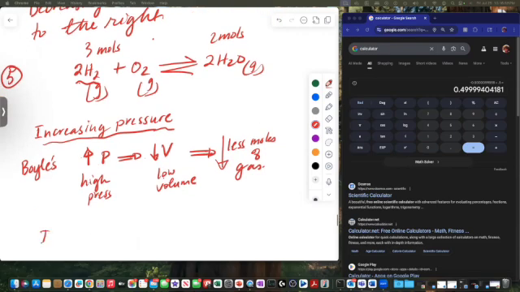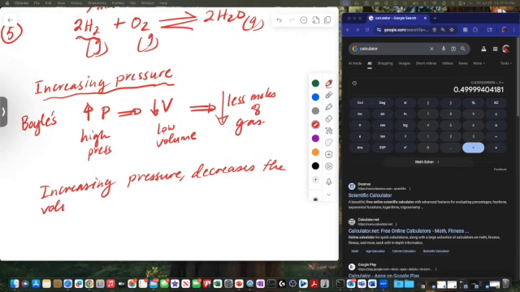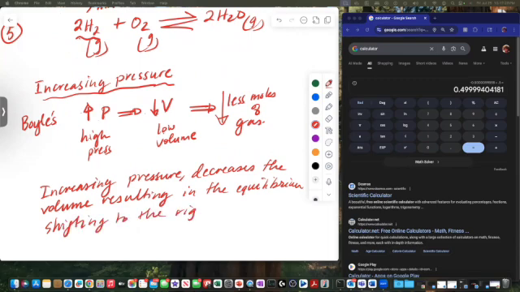So increasing pressure decreases the volume, resulting in the equilibrium shifting to the right.